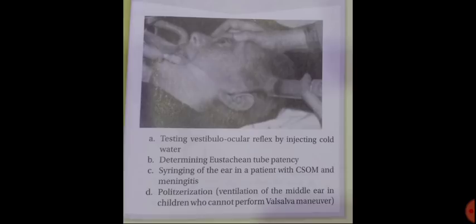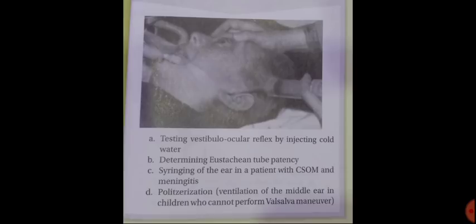So if warm water is pushed, then what happens on the same side? The endolymph in the ipsilateral horizontal canal rises, causing an increased rate of firing in the same side of vestibular nerve. So what it will cause is, it mimics the head turning to the ipsilateral side. Now what will happen is, both the eyes will turn towards the contralateral ear.